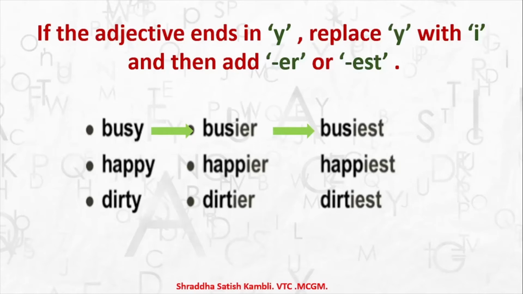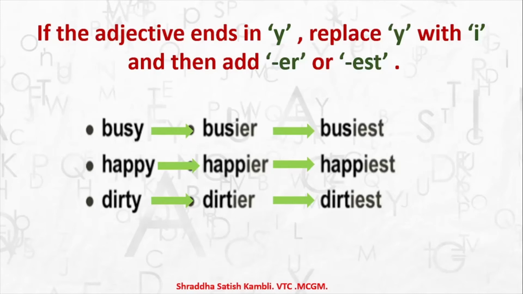So you replace the Y with the I and then you add ER and EST. The same thing goes for happy: happier and happiest. Dirty: dirtier and dirtiest. So if an adjective ends with E, we saw what the rule was. If the adjective ends with Y, we saw what the rule is.